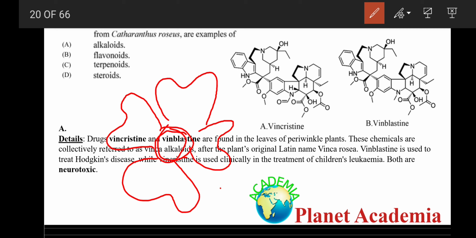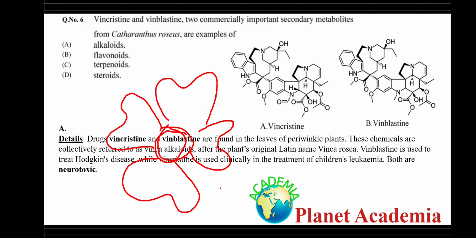This is a very common flower, Vinca rosea. These are alkaloids, used in the treatment of many diseases like Hodgkin disease and leukemia, and both are neurotoxic. You can read this.